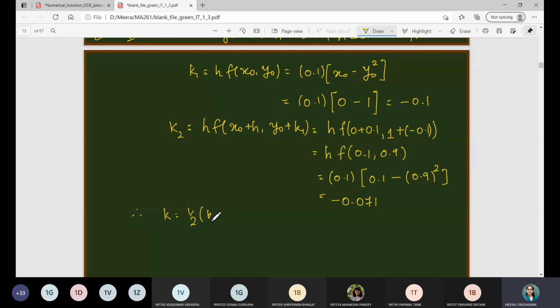So therefore, it is 1 by 2 of k1 plus k2, or I will write this as delta y. We have taken the symbol delta y. So this is 1 by 2 of k1, which is minus 0.1, plus minus 0.071. So what will be the answer?